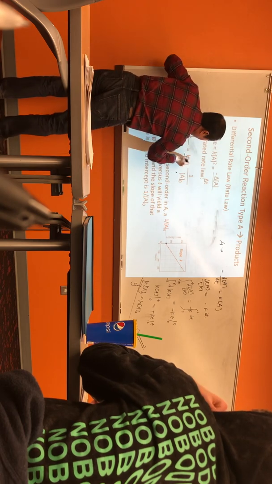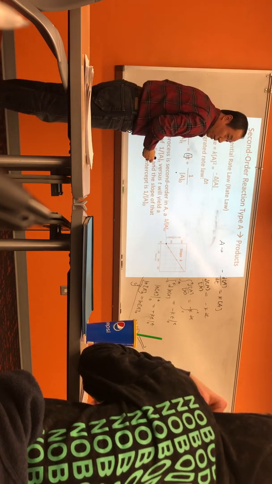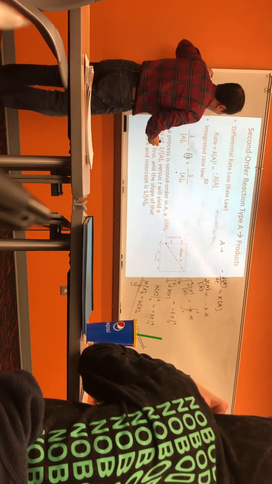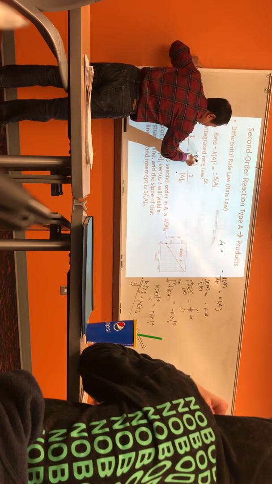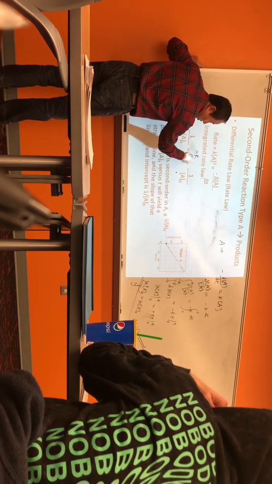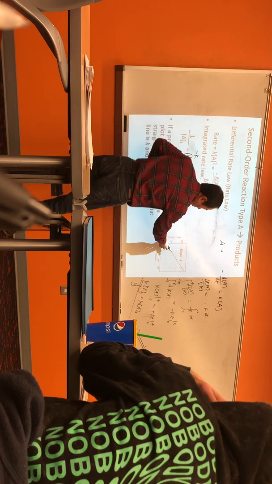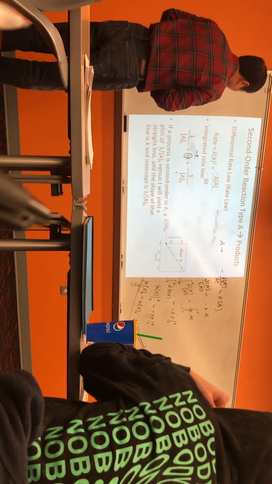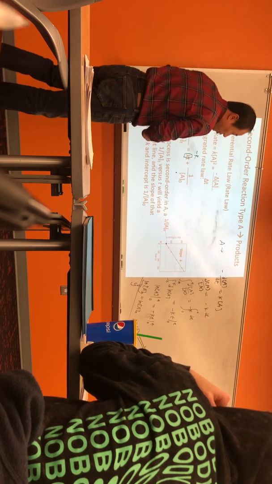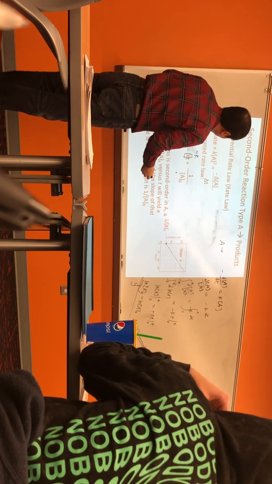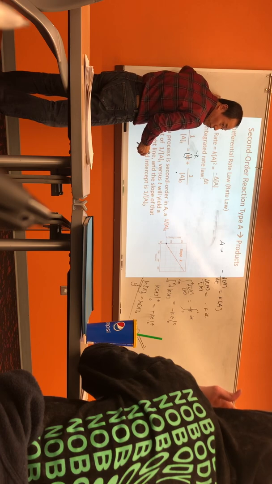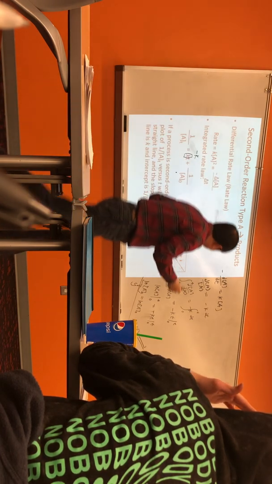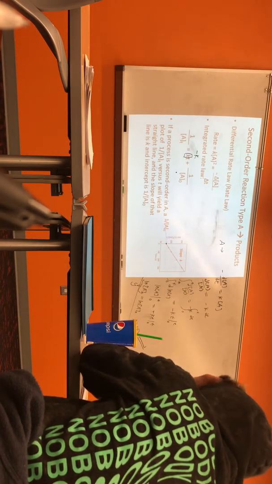This time the slope is positive k. Previously, first order had a negative k slope. This is a positive slope, so this line will just move up like that. Okay? It's easy to get confused between second order and first order, so you have to make sure to remember the correct formula.